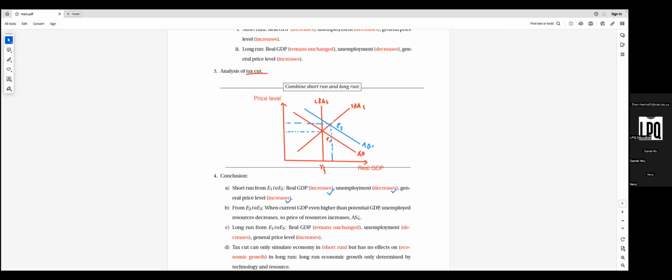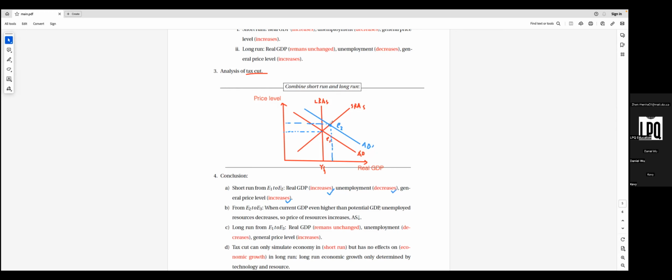But try to remember this, okay? If it's a short-run GDP, why can this one only be a short-run GDP? Because this intersection isn't an intersection of all 3 curves. So this one is only a short-run GDP. Remember this: a short-run GDP cannot last very long.